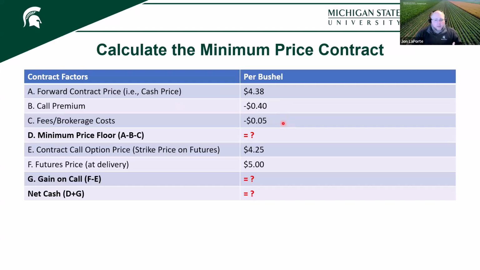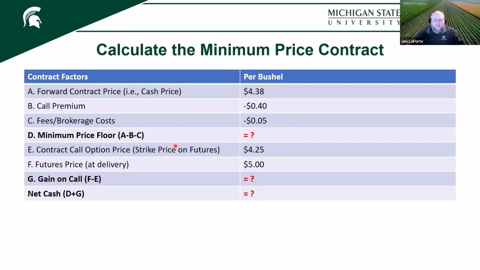Depends on how the elevator is using that. They may have lumped it all into one. But for this example, I'm separating them out to show you may have both of those. One is using that option premium, if we're using futures contracts and futures options as our comparison point. They may just set it based on whatever that is, and then charge an additional fee for having you take the contract through them.